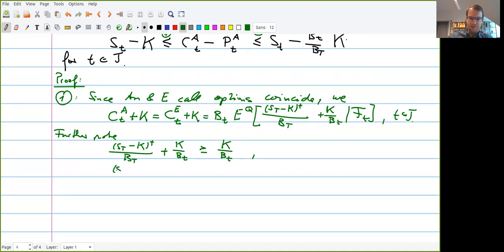Now I have a second estimate. My B_t are assumed to be increasing, so I can estimate this by making the second sum a bit smaller by dividing by B_T.